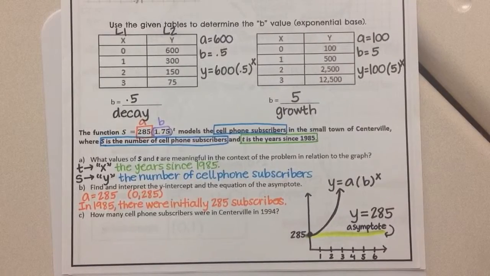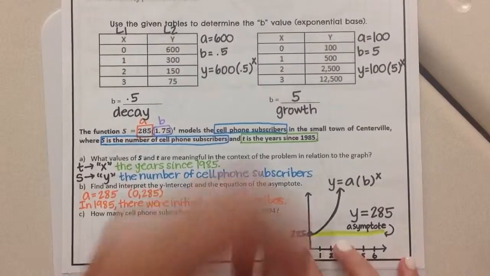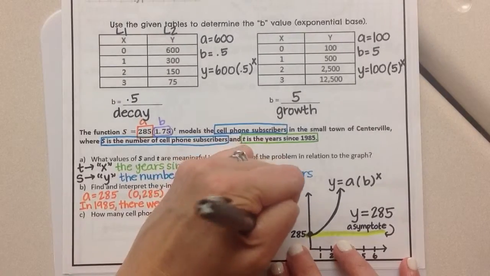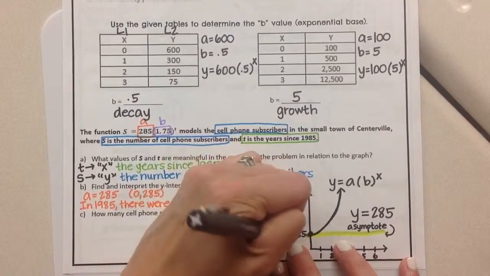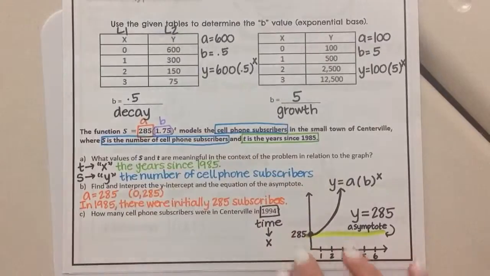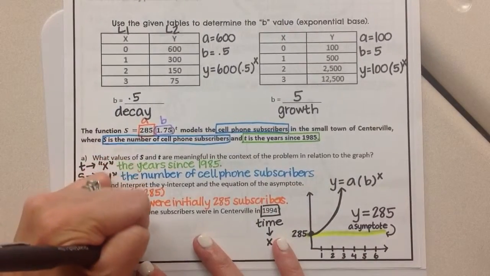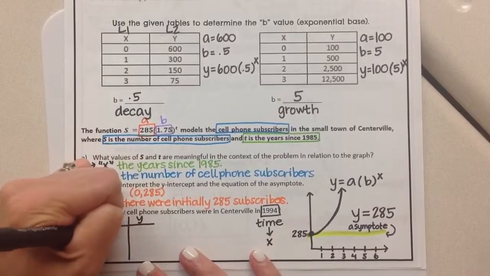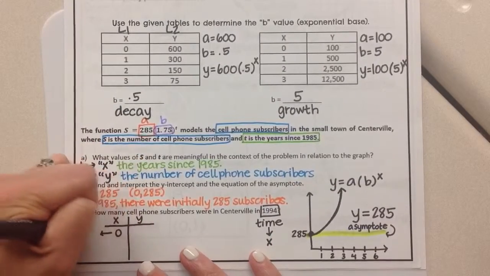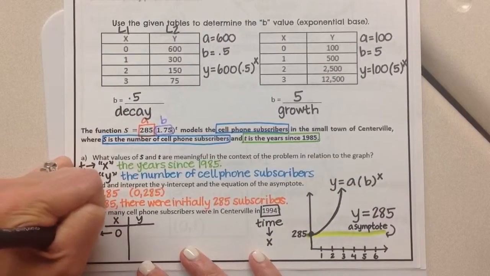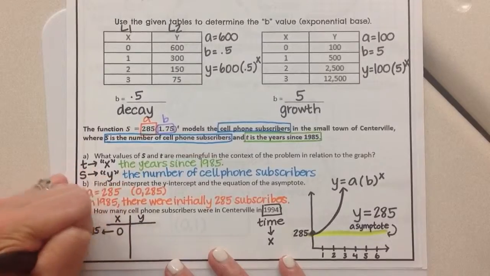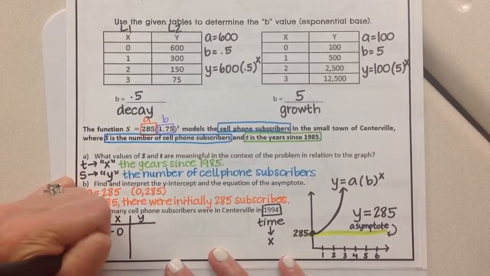So I have my equation, and I'm going to look at my number. They gave me a year, which is time, and time, that is x. Okay, so in my table, x and y, I know that the year 1985 is going to match up to 0, because that's when I started counting. And then I want to get to the year 1994.